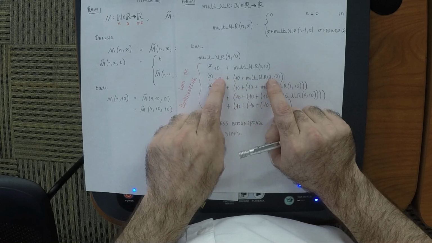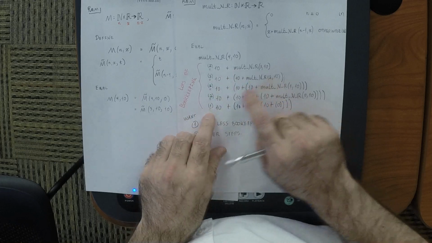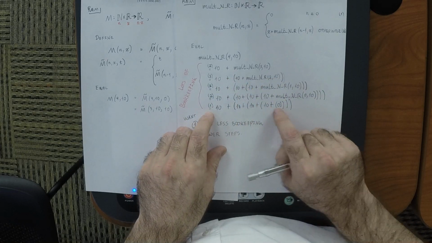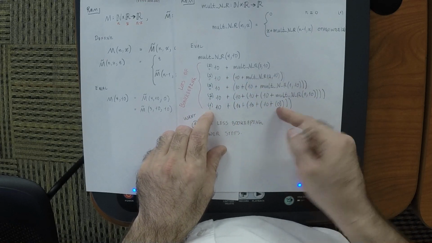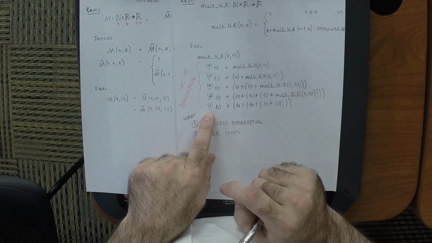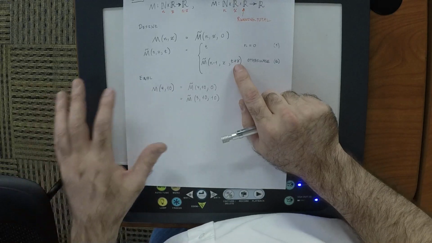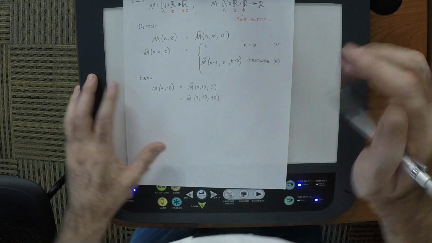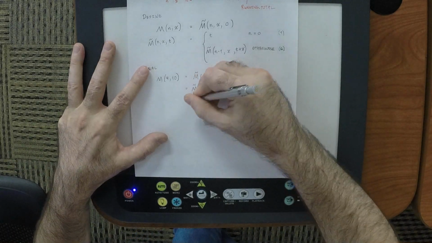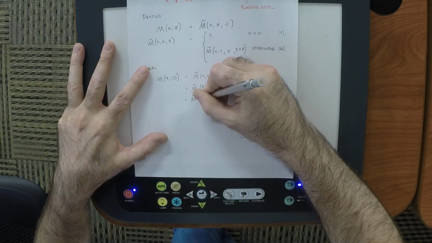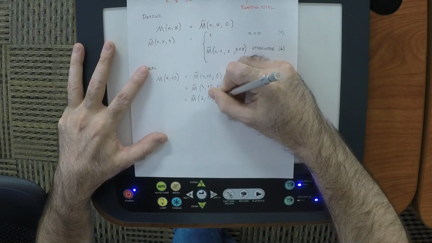So in a sense, it's leaving, you might think, like these breadcrumbs behind. And then when it reaches the end of the rabbit hole, that's when it goes back and collects them all. But the way this is defined, it's able to perform this addition right now. Okay. Similarly, m tilde, 2, 10, 20.